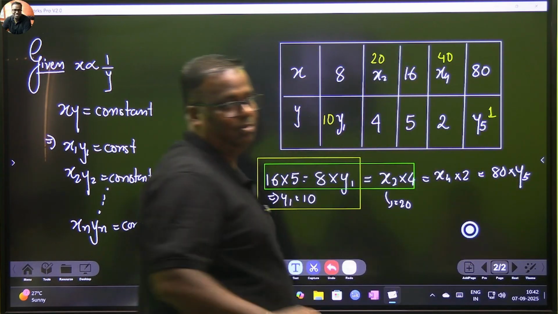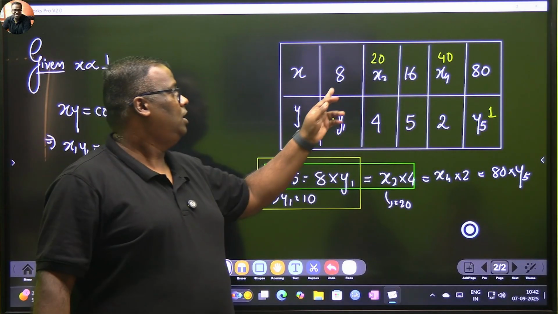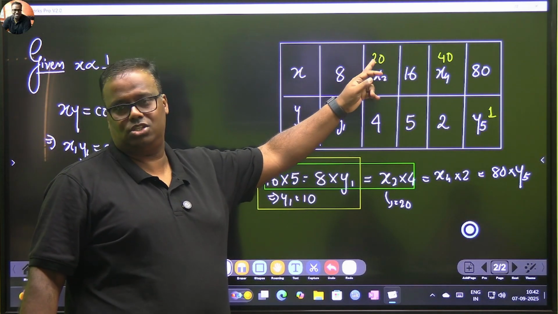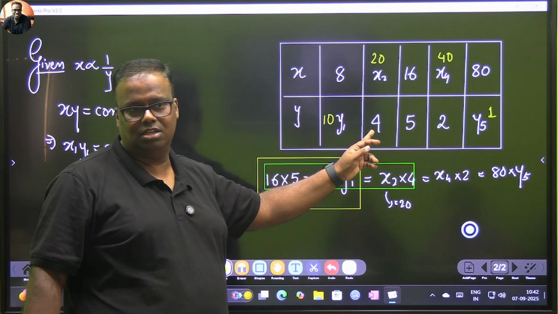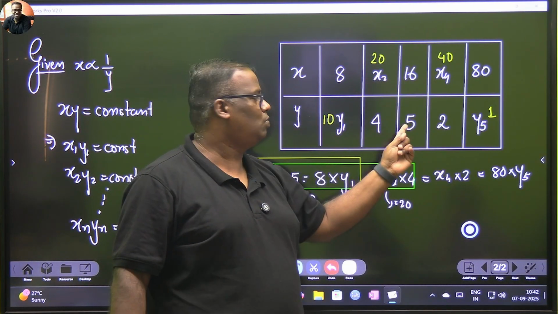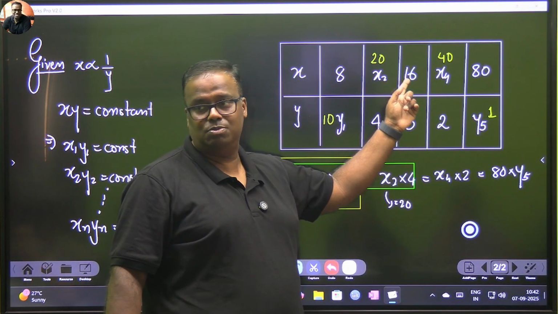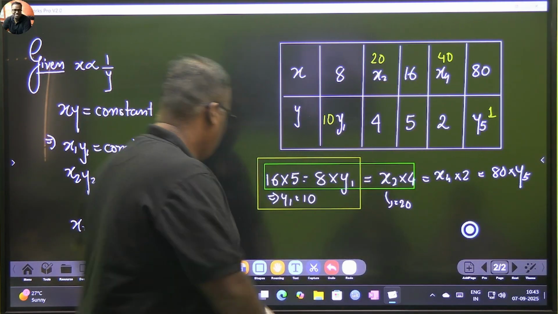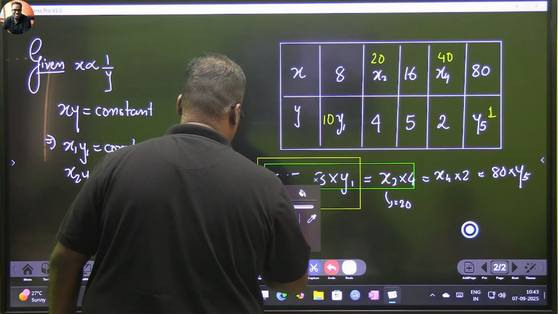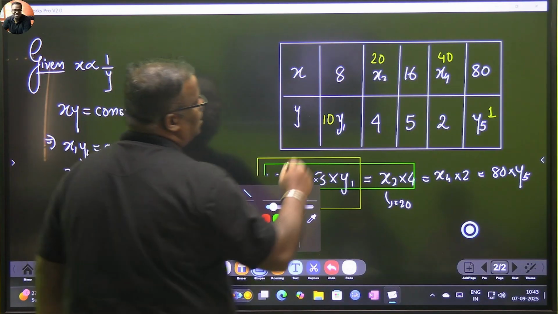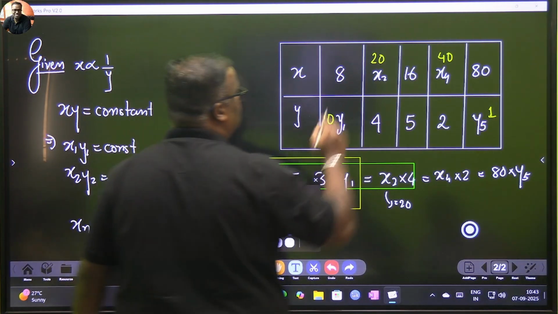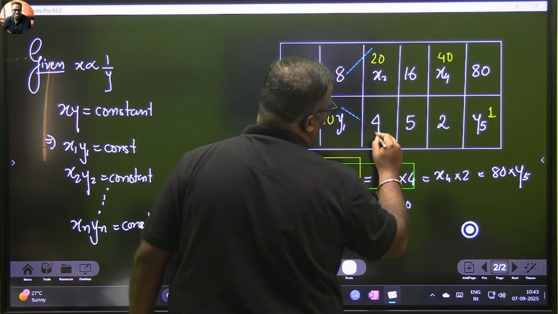Now you yourself see, you should enjoy mathematics. If x is 8, y is 10. Here x has been increased, so y should decrease. See, y has decreased. Here x has been increased further, from 20 decreased again. From 16 it has been increased, that will decrease. So if we see the pattern in the form of a graph, 8 to 20 is a climb, then 10 to 4 is a dip.